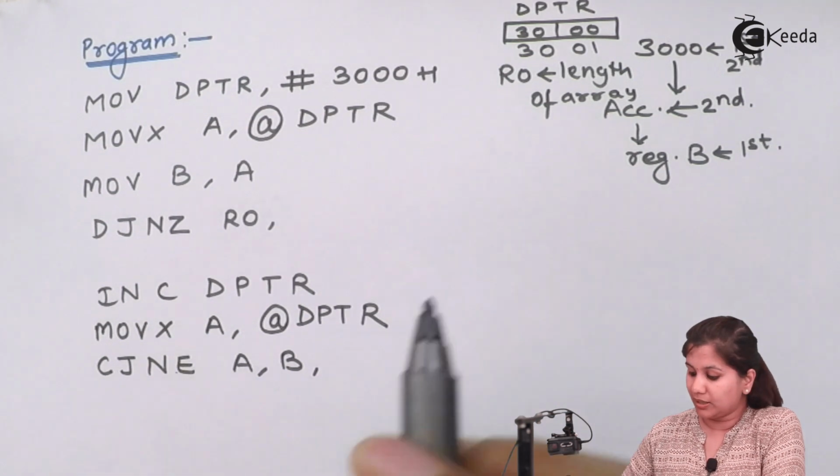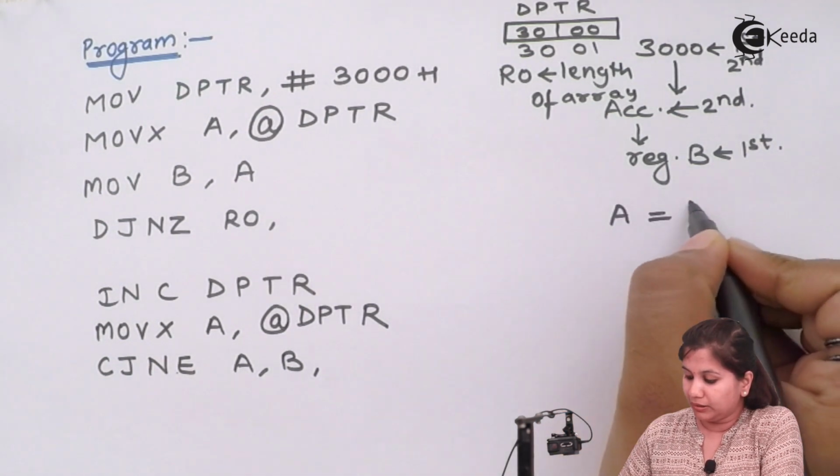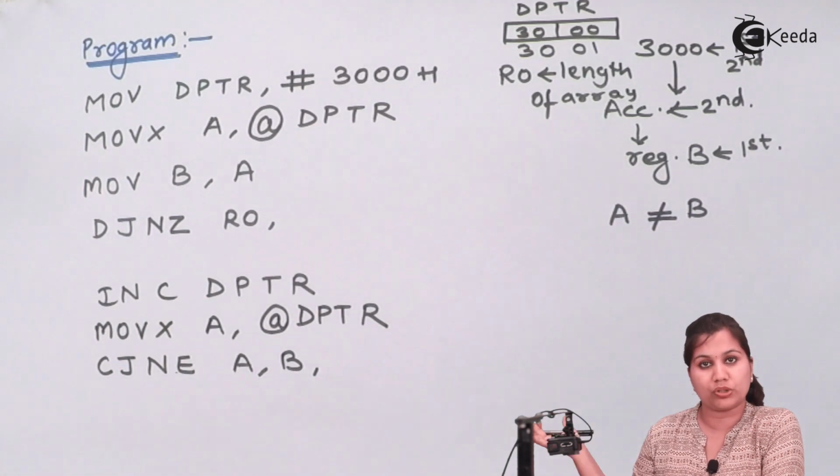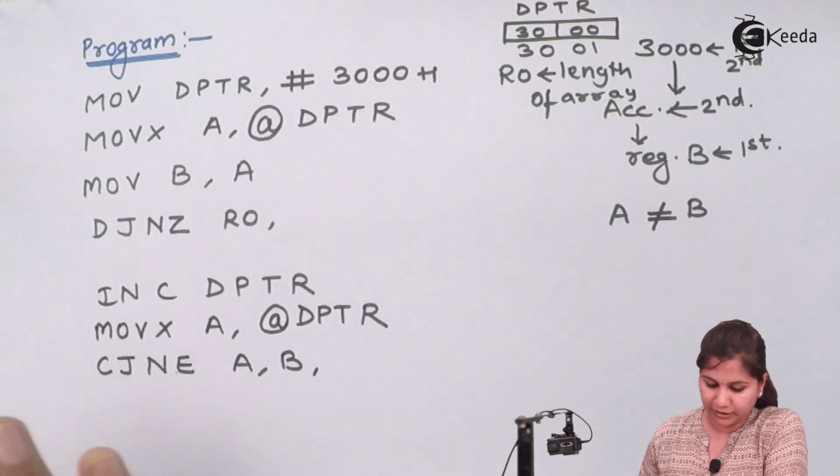Okay, that means when A and B are not equal to each other, it is going to jump to some other memory location. We will see later where it is going to jump.